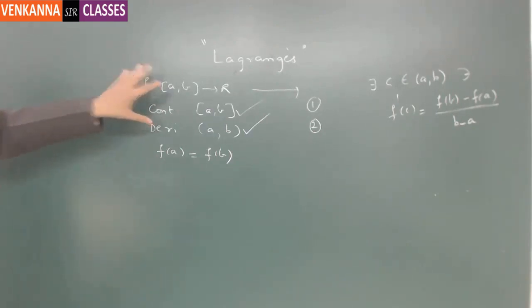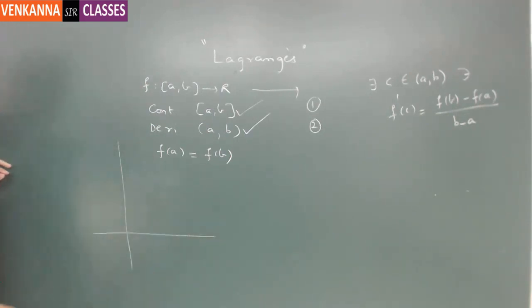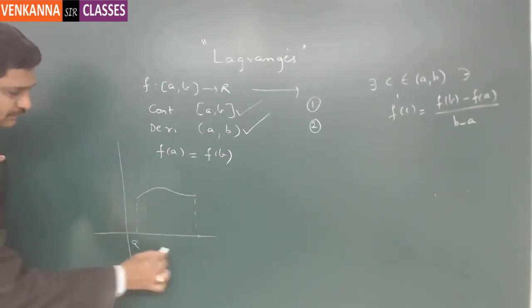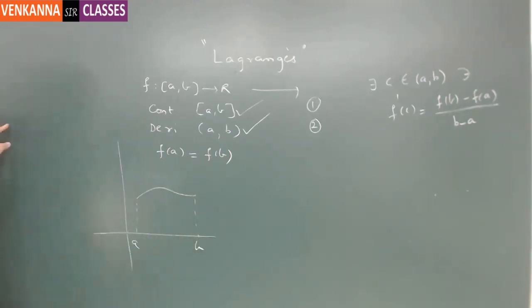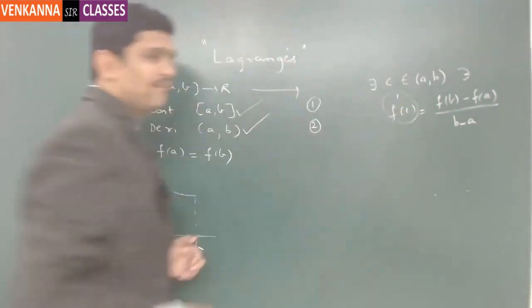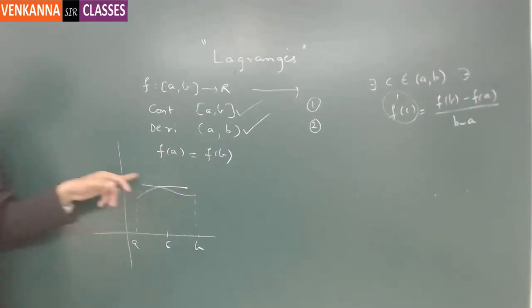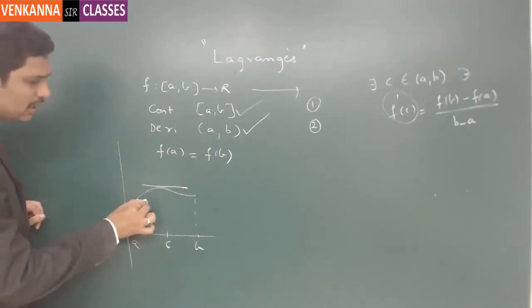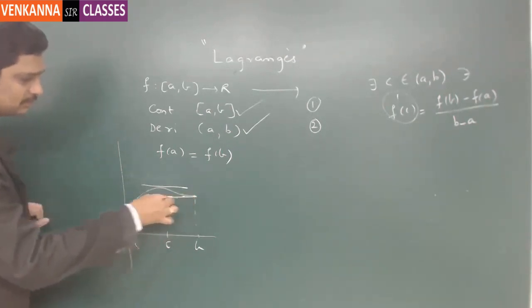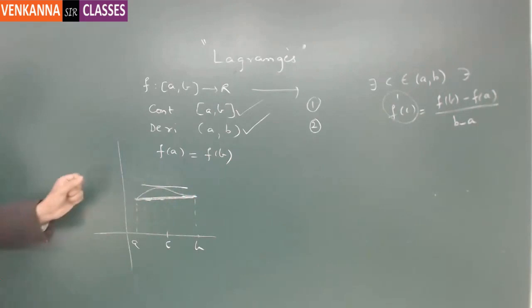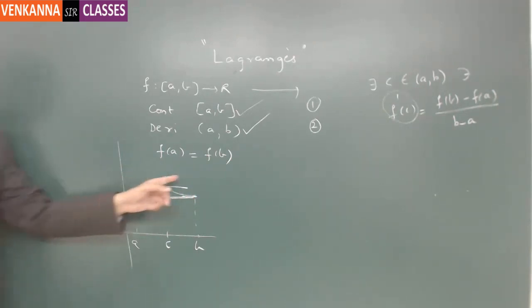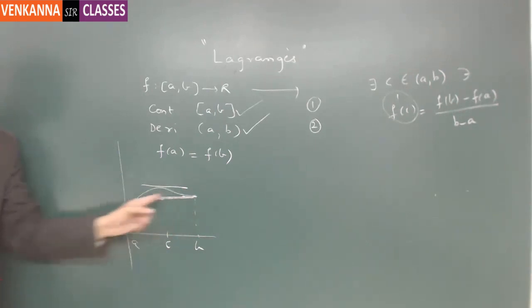Now, the geometrical significance of Lagrange's mean value theorem: let us take that this is the graph from A to B. Then you are going to find a point C such that f dash of C gives the tangent at the point C, and this tangent is parallel to the chord joining the points A and B. So you find a tangent at the point C which is parallel to the chord joining these 2 points.